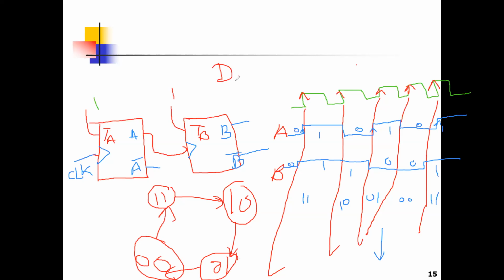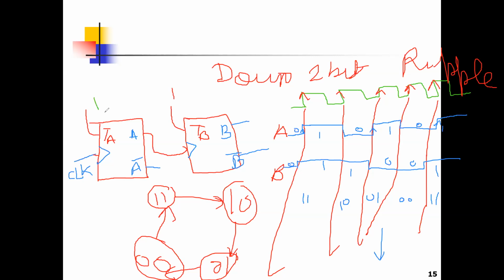Down counter with two T flip-flops. 2-bit down ripple counter. Okay. Got it? Yes. Clear? Yes.